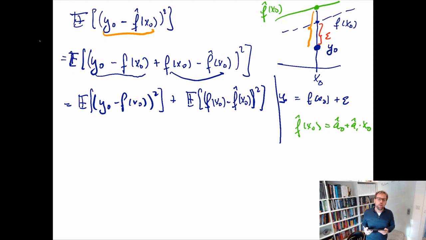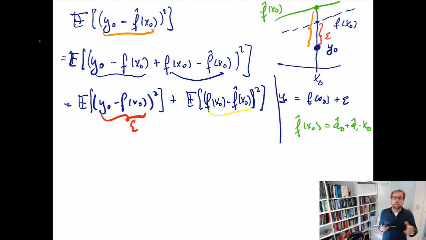Because there's a cross term, but the cross term multiplies the first term, and the first term is just epsilon. So if I get the cross term, it would be epsilon times the second term.